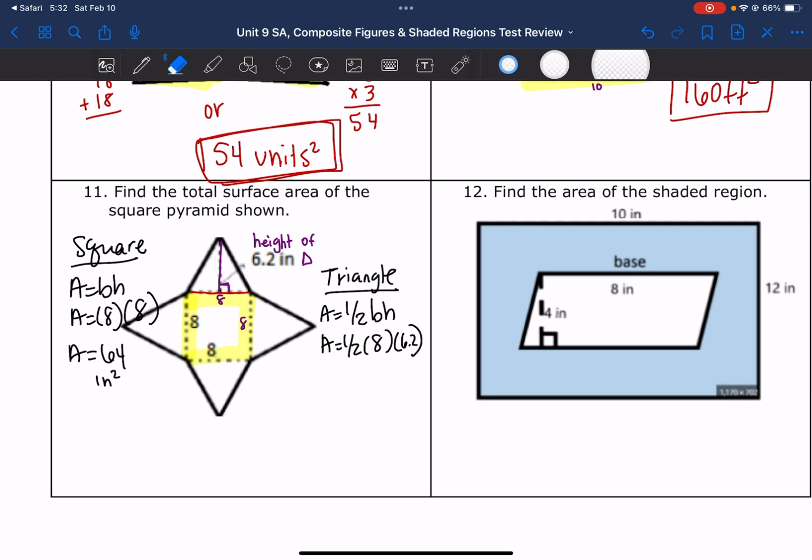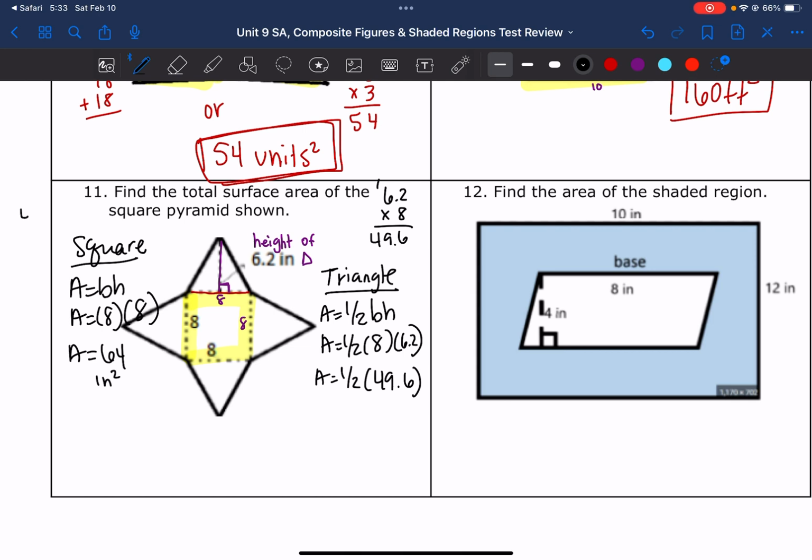Okay, so that means we have to come over here and we have to multiply 6.2 times 8. 8 times 2 is 16. 8 times 6 is 48, plus 1 is 49, so we get 49.6. So area is equal to 1/2 times 49.6. Okay, so here, what we have to do next is we have to divide 49.6 divided by 2.